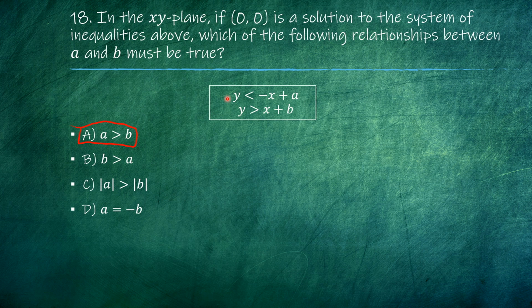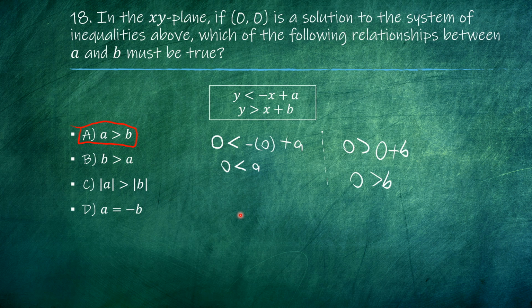For the first inequality, we have 0 is greater than negative 0 plus A. So that becomes 0 is less than A. And for the second inequality, let's write it on here. 0 is greater than 0 plus B. So 0 is greater than B.